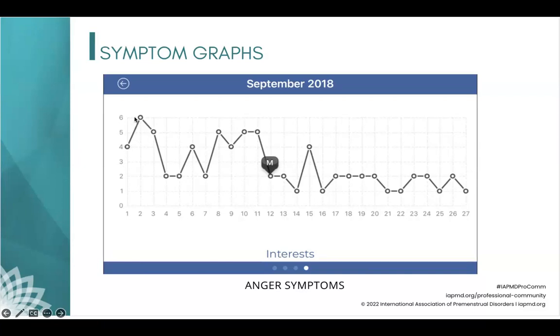We're seeing 4s, we're seeing 6s, we're seeing 5s during that luteal phase, right? And then when they start menstrual bleeding, there's this immediate drop off. Maybe there's another spike back up to 4 within the first few days of menses. But then by the time they've finished menstrual bleeding, we can see that the symptoms are really minimal compared to where they were premenstrually.